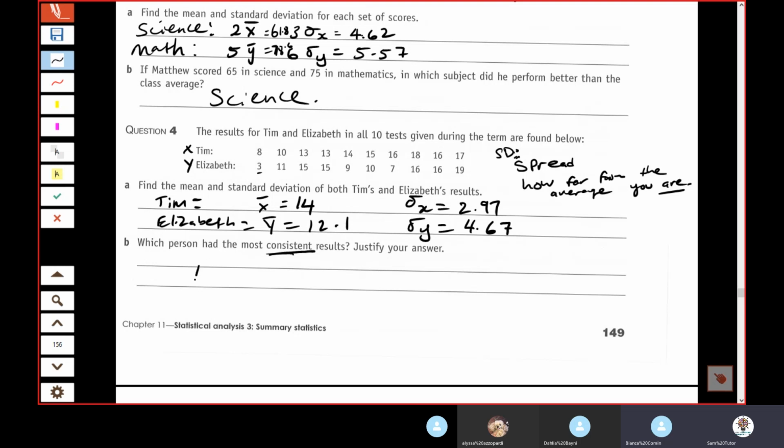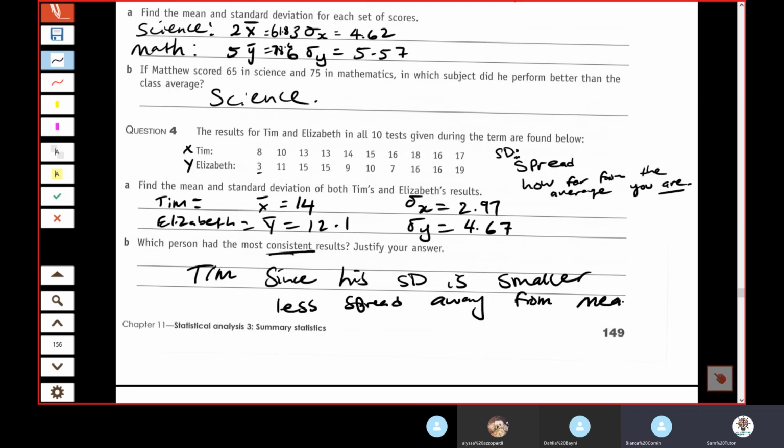So Tim, since his standard deviation is smaller, has less spread away from the mean or average, meaning that you're more consistent.